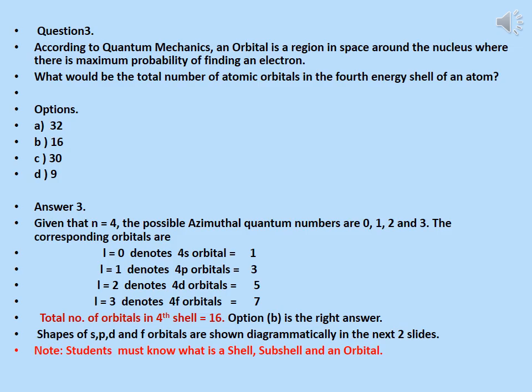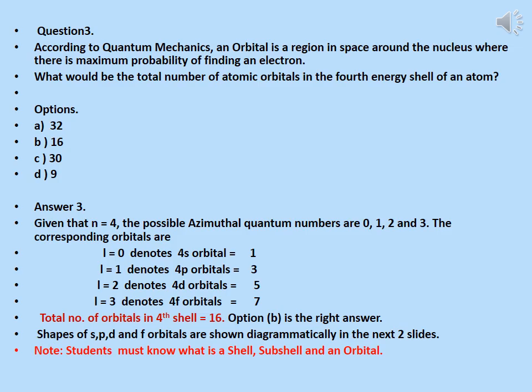Now, coming to what is a subshell. Each shell is further divided into subshells. These subshells are characterized by the azimuthal quantum number l, or subsidiary quantum number l.